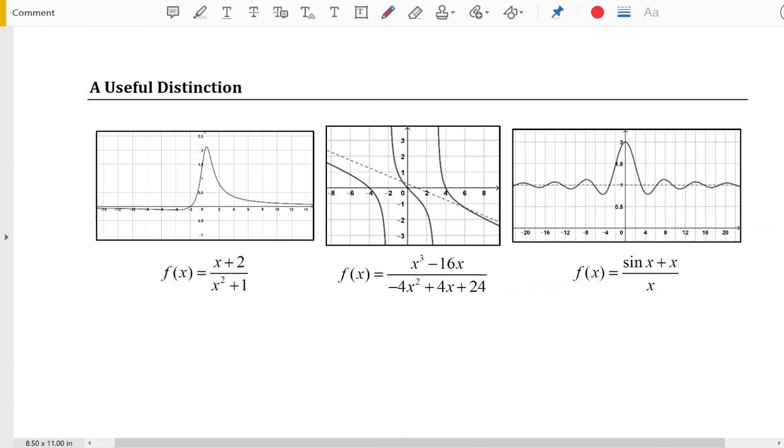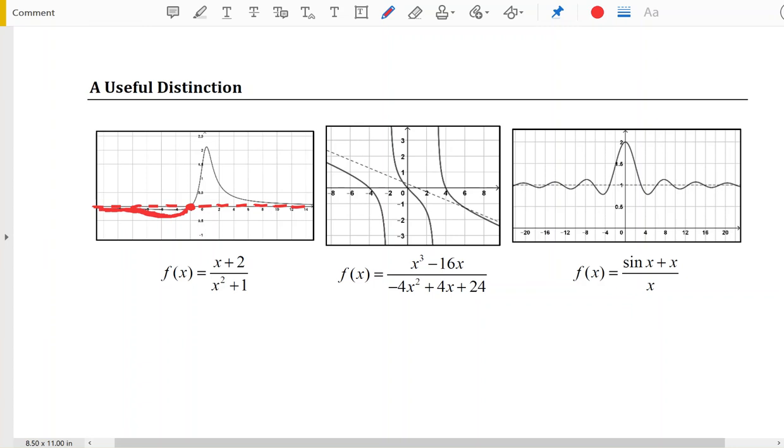You can have functions that cross over those types of asymptotes, and I've given you 3 examples here. Here we have an asymptote that is y equals 0, but the graph crosses it at the point (-2, 0). And it's just then that once it goes below the x-axis, it then approaches the x-axis from the negative side as we go towards negative infinity.